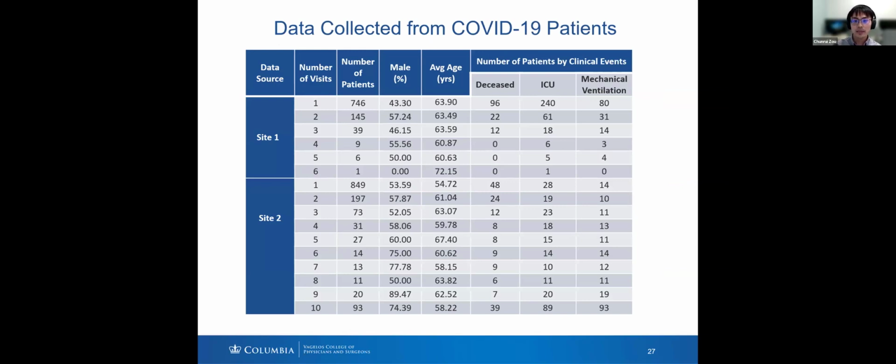But for ICU and mechanical ventilation usage, I presume that the scans were taken before this event, because we lack the information on the time points. At which time point they got this outcome or this event was unknown in this data set.